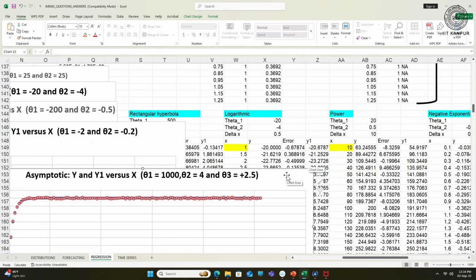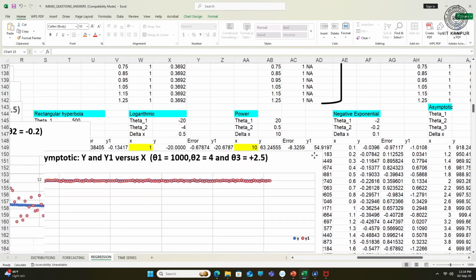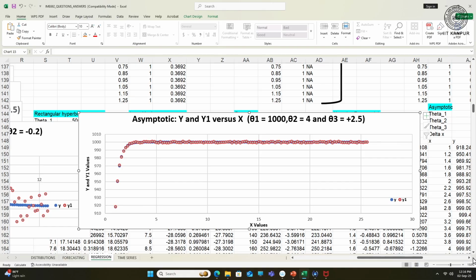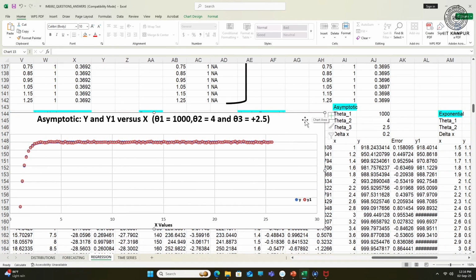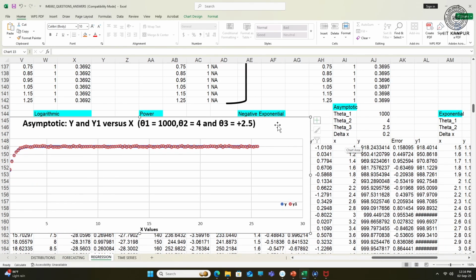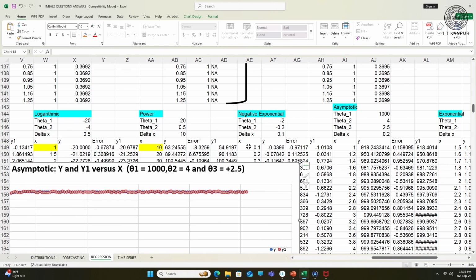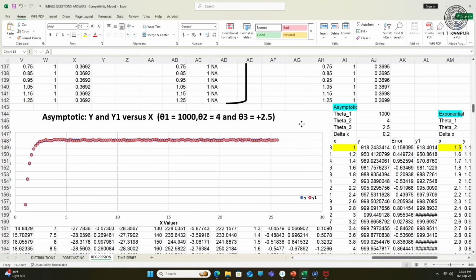So, it is the asymptotic one, I take it here, yes, done. Here also, I am highlighting the cell where the seed value of x is, so it is easier for all the candidates and the students who are taking this course, they can very easily use this Excel sheet.